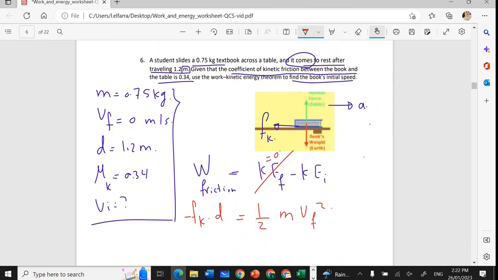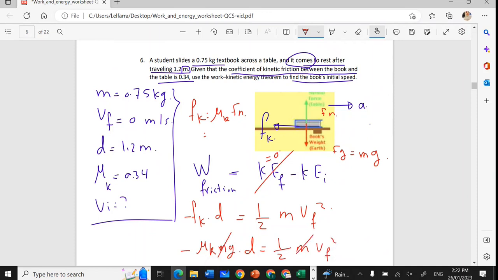Now let's substitute the value of the friction force. The friction force is mu k times Fn. Fn, the normal force or reaction force, will equal Fg. How can I find Fg? It's mass times free fall acceleration. So Fk will equal mu k times Fn, which is mg, times d. This will equal half m v initial squared.